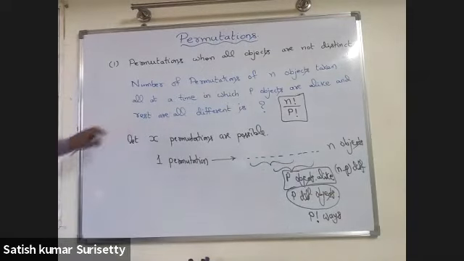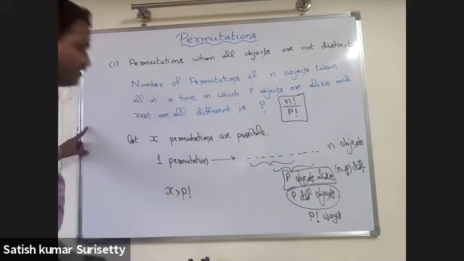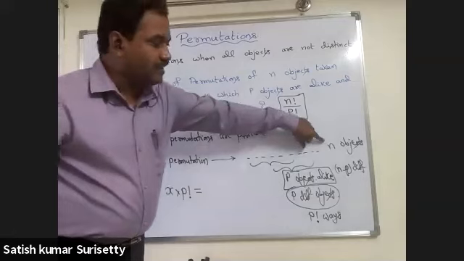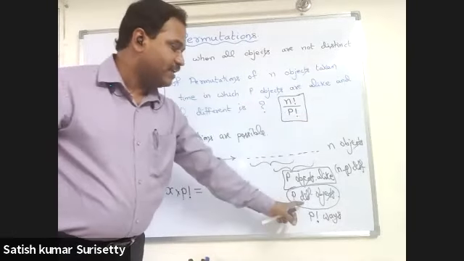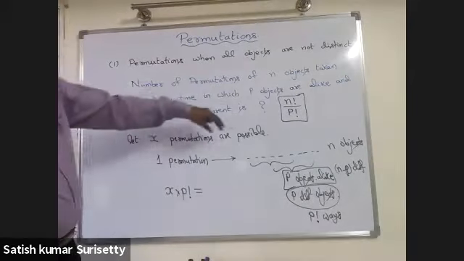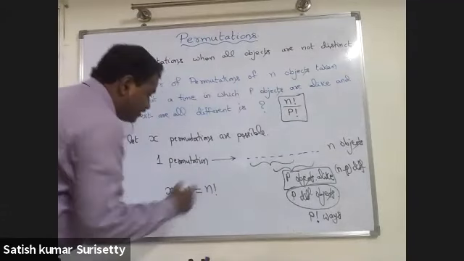Now for x permutations, it will be x into p factorial. This is the same as the arrangement of all n objects being different. Why? Because we are always replacing with different objects. That means this will be the same as the number of permutations of n different objects taken all at a time, which is n factorial.